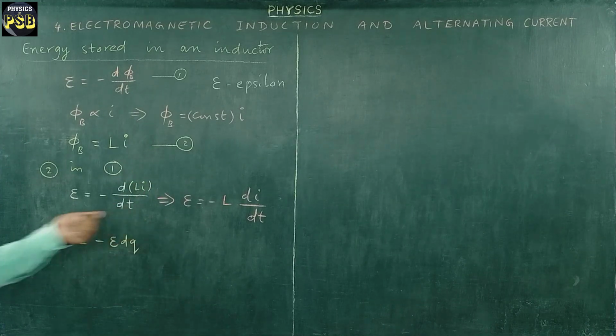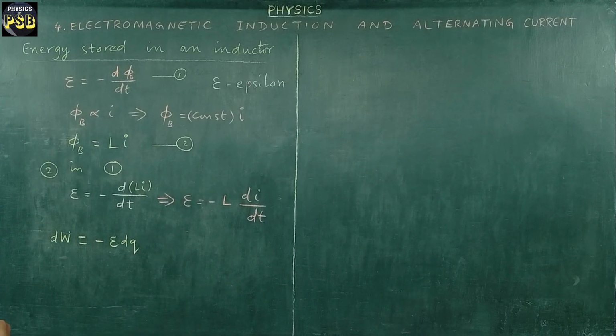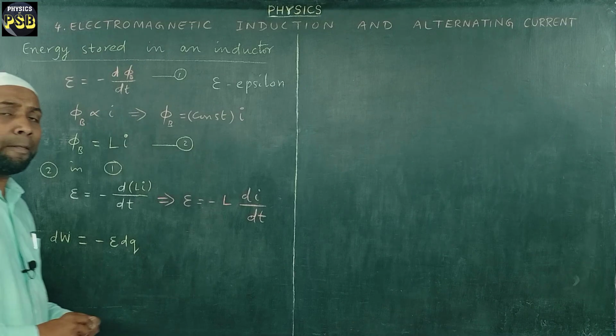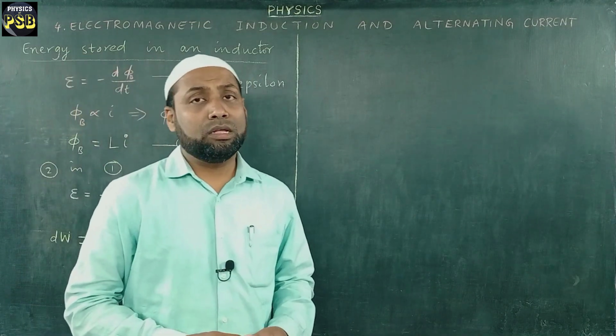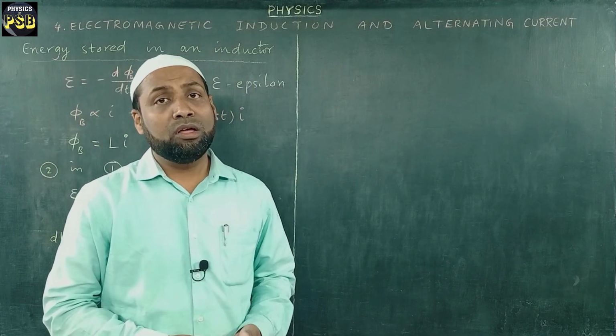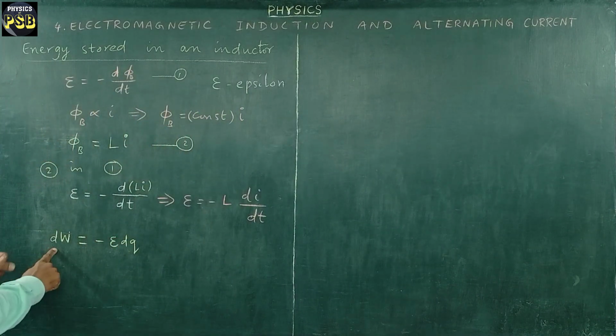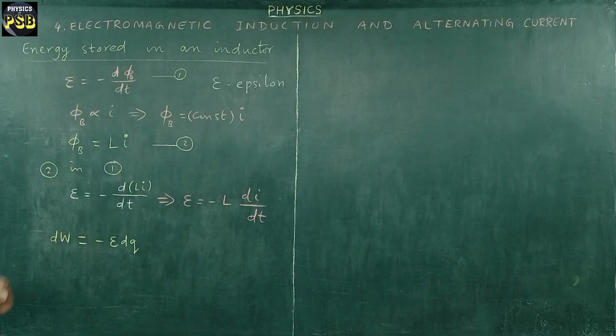What does it mean? It represents the work done to make a charge dq flow in the coil for a time dt.